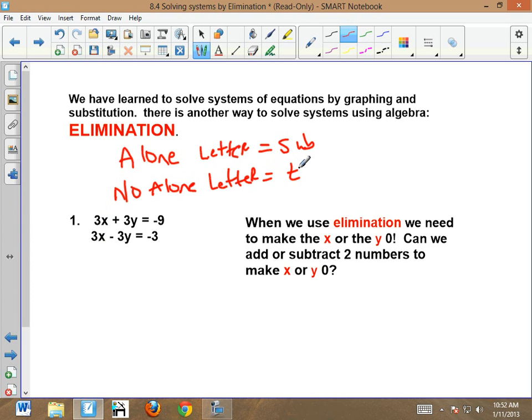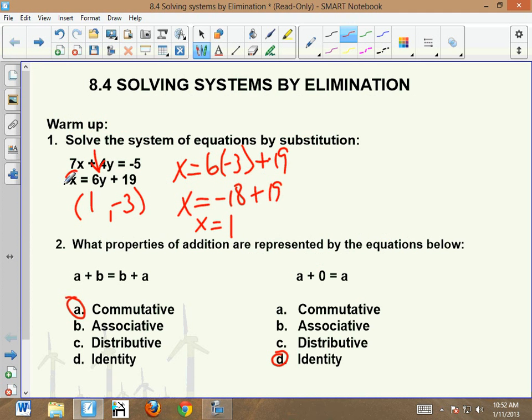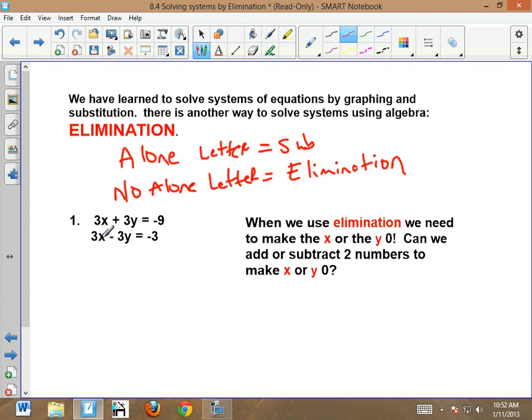That equals elimination. So, here I had an alone letter. That means I'm going to substitute that value of x into this x right here. Here I have no alone letter. That means I'm going to use elimination.